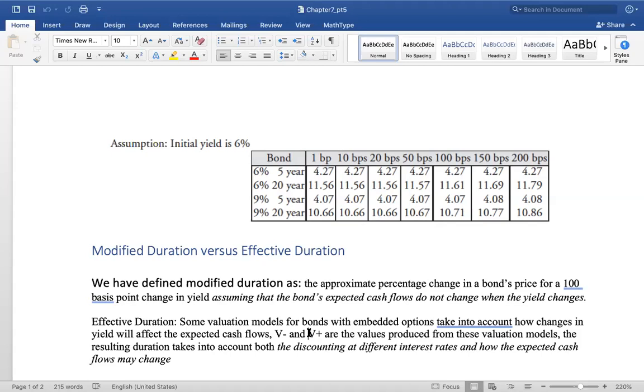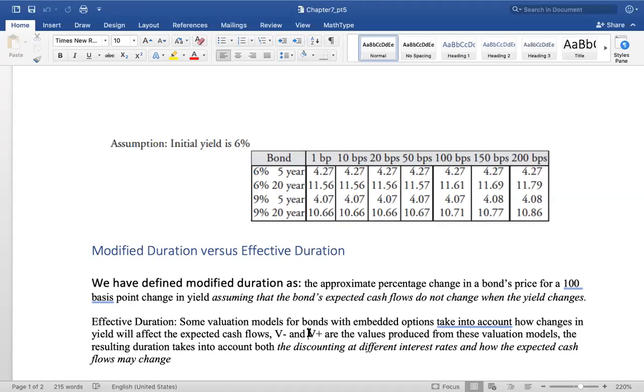So, for example, a callable bond could have a modified duration of 5, but an effective duration of only 3, and that is purely because for a callable bond, the change in discount rate or change in YTM can also impact the cash flows of the bond. So the bond may be called early.